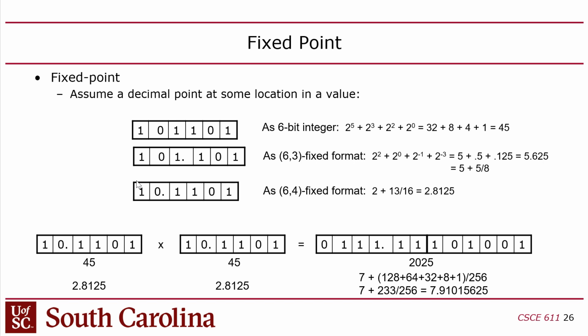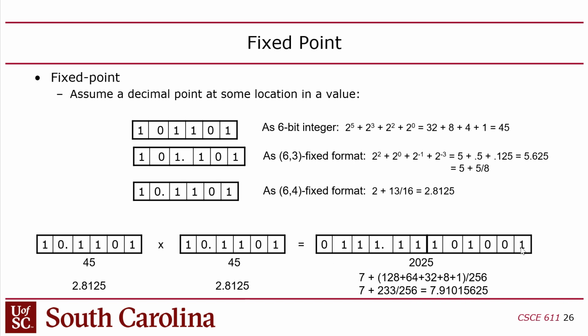In general. So I give an example here. These values are 45 viewed as regular integers, but they're 2.8125 as fixed point values if you have 4 fractional bits. And if you multiply them, you get the value of 2025 as an integer. But again, in fixed point, you would say, well, I've got 2 inputs that both have 4 fractional bits, so I have 8 fractional bits in the product.